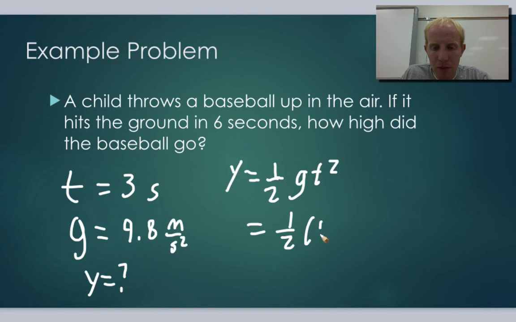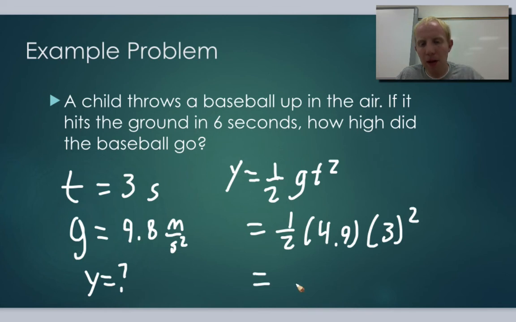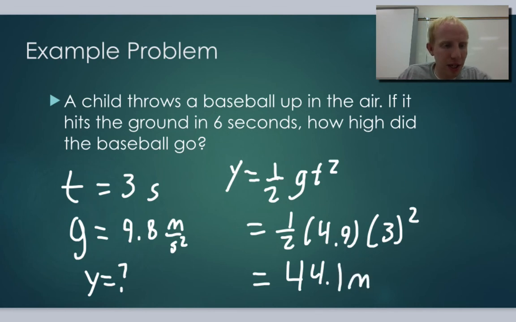Plug in what we know, again using half the time. You plug that into your calculator, and you get 44.1 meters. And oops, I just realized that's supposed to be 9.8, not 4.9.